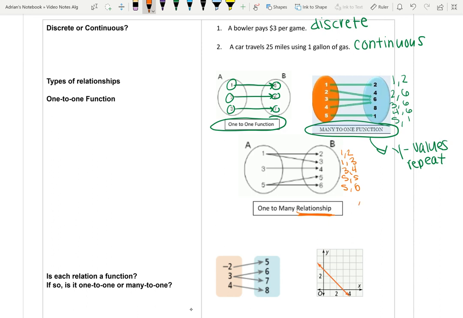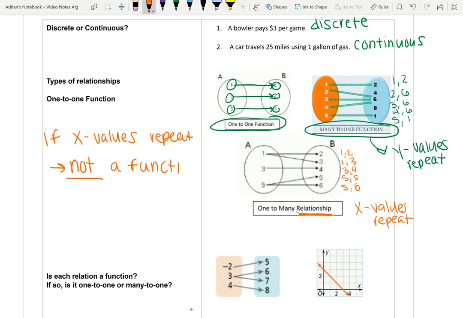So if I have x values repeating, it's no longer a function. So that's the most important thing to remember, is that if your x values repeat, then it is not a function. So only the y values are allowed to repeat.